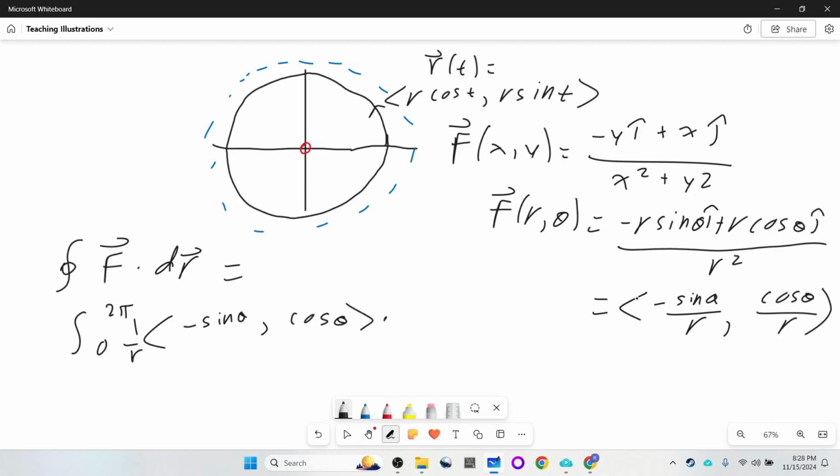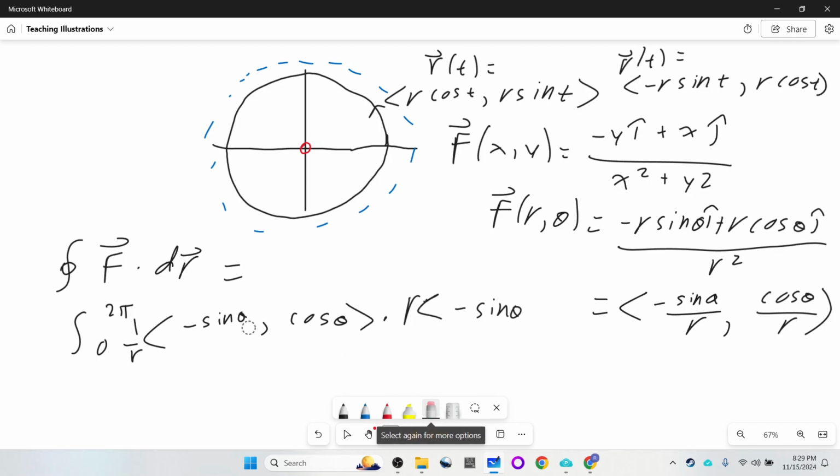Then we need dr. So r prime of t is negative r sine t, comma, r cosine t. It would be dot, I guess, r negative sine of, or theta. We're using theta or t.